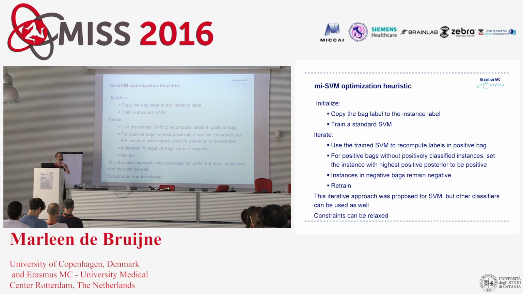Then, if you have positive bags that are labeled completely negative, you say, I want to label at least one instance positive in this bag, and you take the one that has the highest positive posterior and force it to be positive, retrain your SVM, and then hopefully you'll come up with a classifier that both separates between imputed positive and negative labels in a positive bag and discriminates the bags.